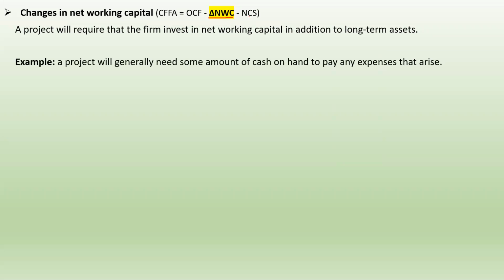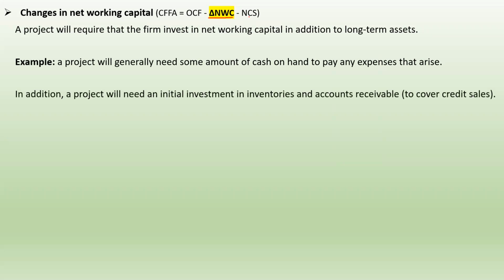I will use more examples to illustrate that. Here, a project will generally need some amount of cash on hand to pay any expenses that arise. In addition, a project also needs an initial investment in inventories, raw materials, and accounts receivable to cover credit sales.